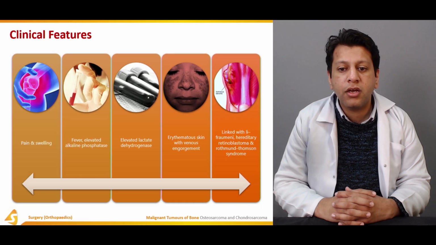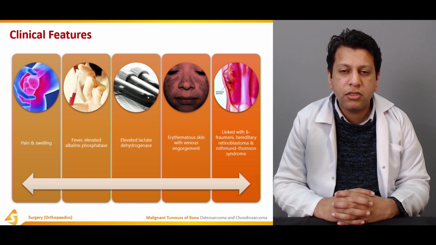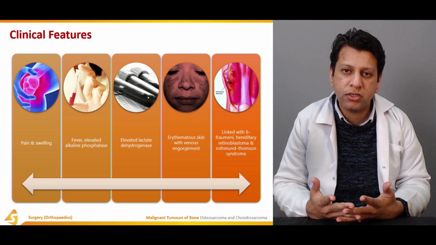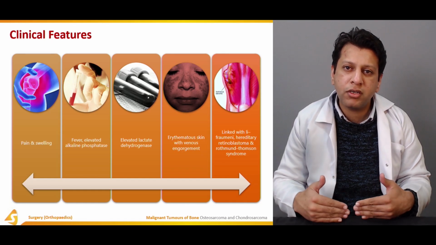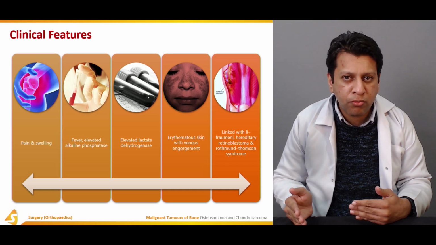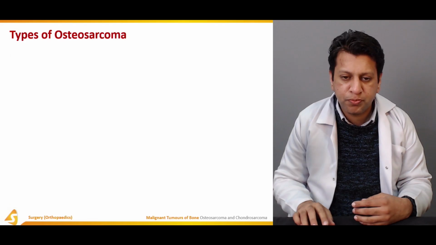It is usually linked with Li-Fraumeni syndrome, hereditary retinoblastoma and Rothmund-Thomson syndrome. The gene involved is the RB gene, the retinoblastoma gene, and alteration in this gene is associated with retinoblastoma as well as Rothmund-Thomson syndrome.